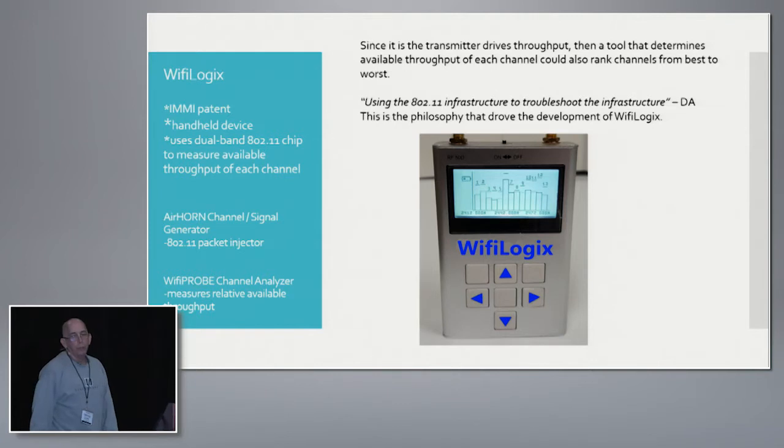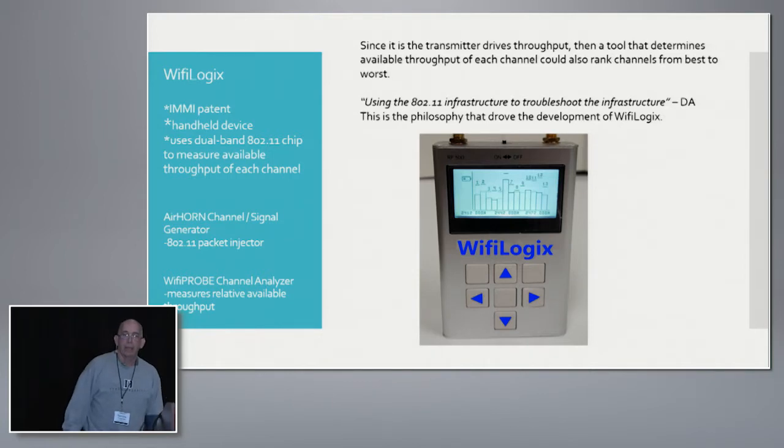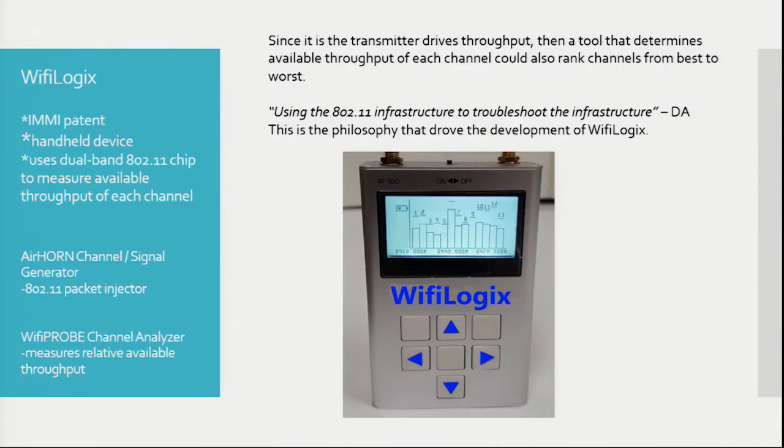It uses a dual band 802.11 chip to measure the available throughput of each channel. And since it's the transmitter that drives the throughput, it traverses every channel, and it measures the available throughput on each channel. And in that way, it can rank each of the channels.